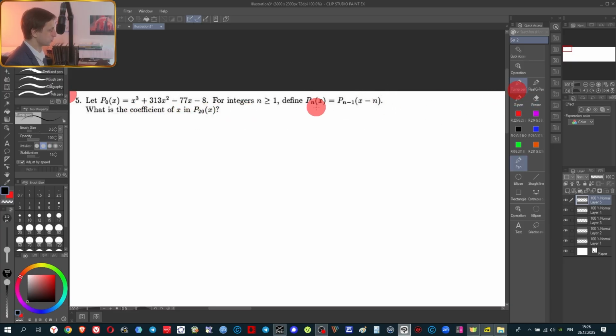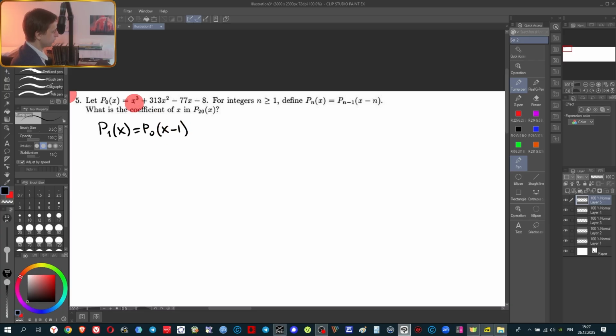So initially it looks a little bit confusing, especially this formula. Well, in order for us to clarify the process, we should write this formula for certain values of n. And of course, the minimal value of n that is allowed here is 1. So we will write that p1 of x equals p0 of x minus 1. What does it mean? It means that polynomial p1 of x is defined through polynomial p0, but instead of x, you should substitute x minus 1.